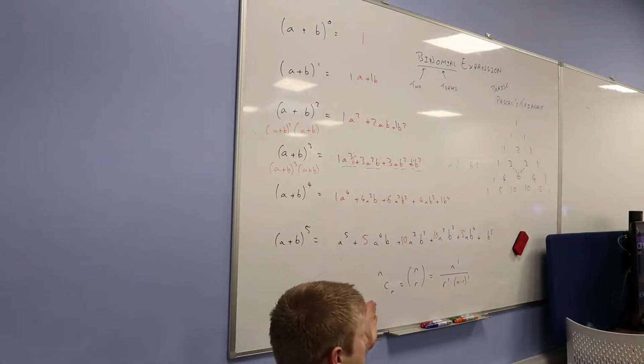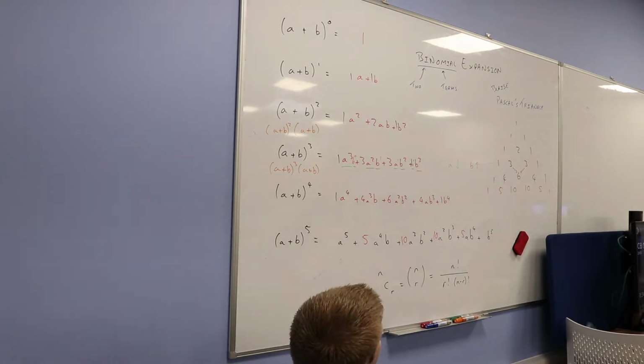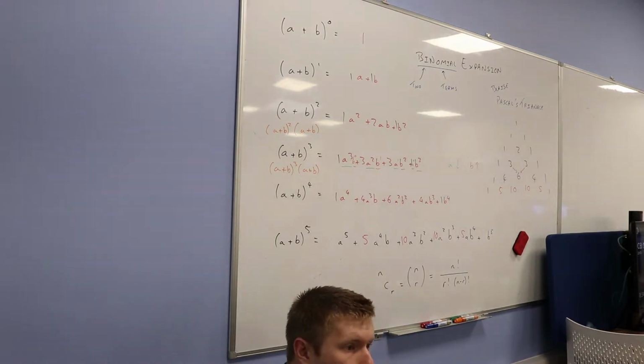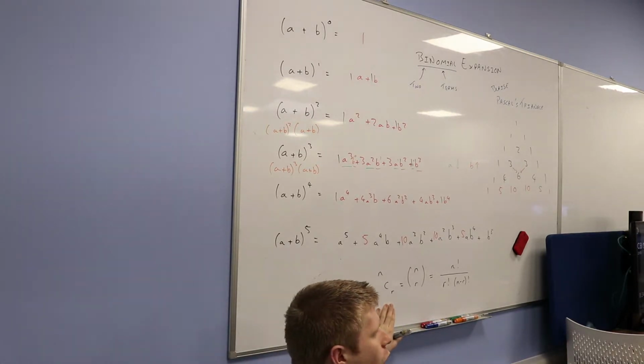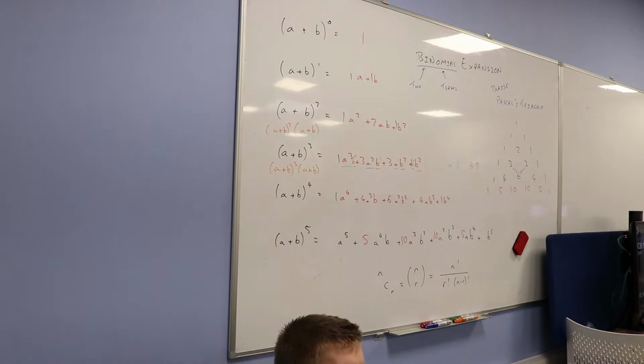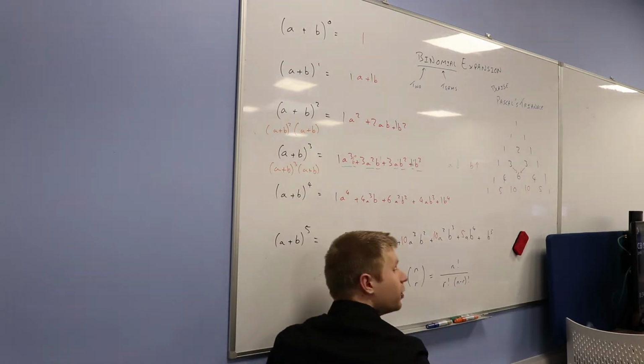Now, can anybody remember, what does this mean, like nCr? When we looked at it in terms of permutations and combinations, like ordering and arranging objects, what is this able to work out? So when would you use that particular formula? Good, exactly.